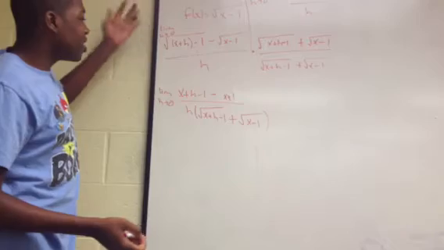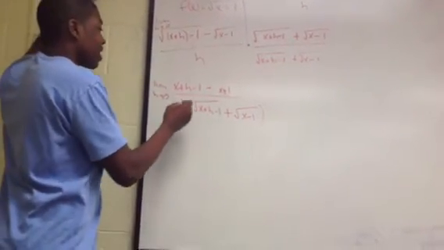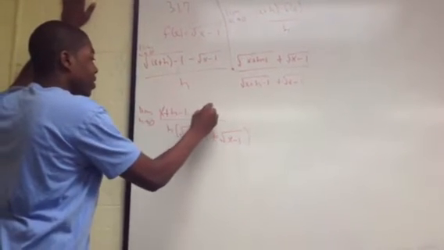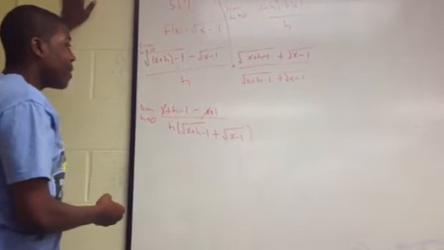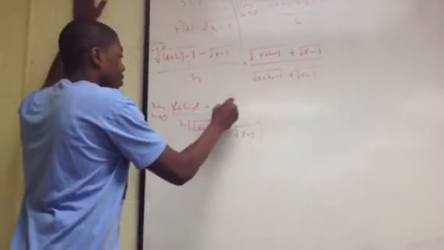Okay, so now let's look. We can cancel out some stuff here in our numerator. You have a positive x here and a negative x here, so you can cancel these out. And you also have a positive 1 here and a negative 1 here, so you can cancel that out as well.